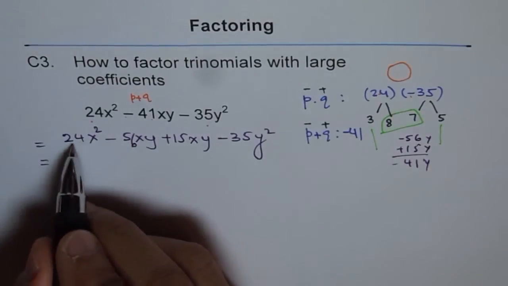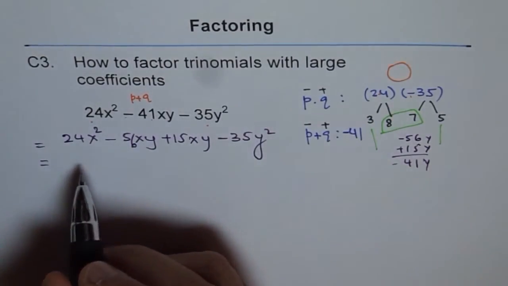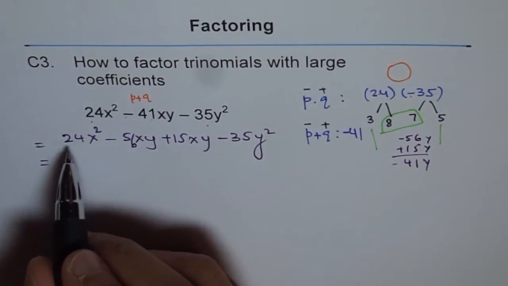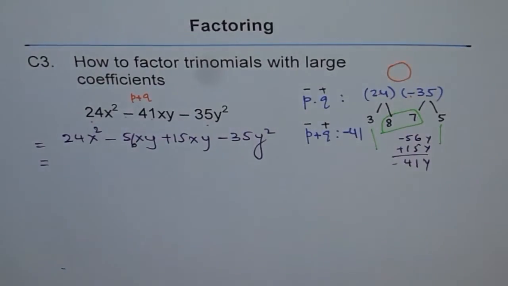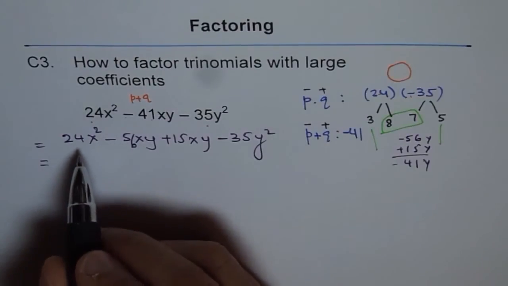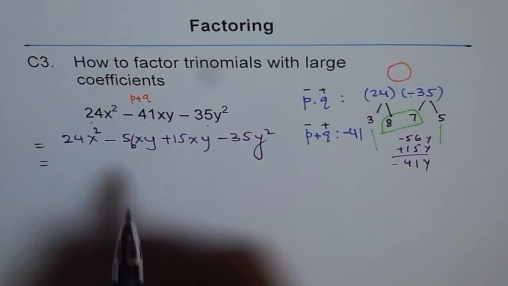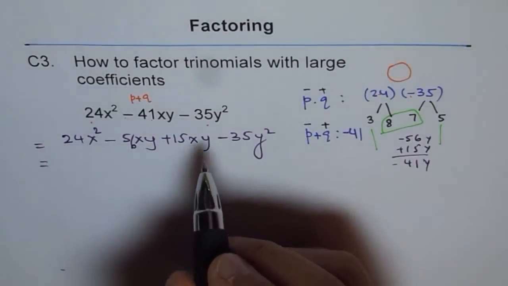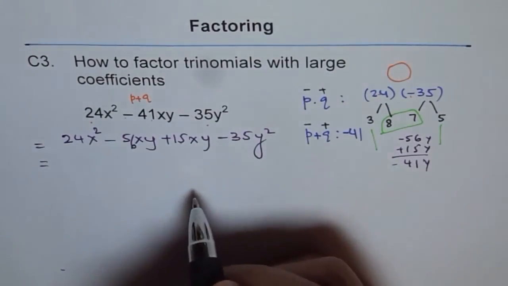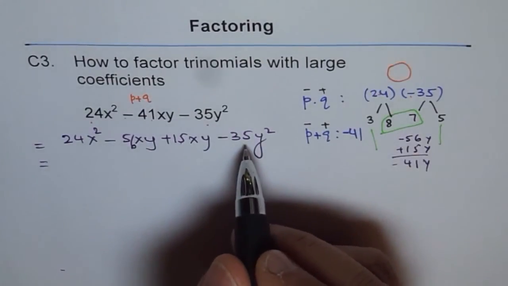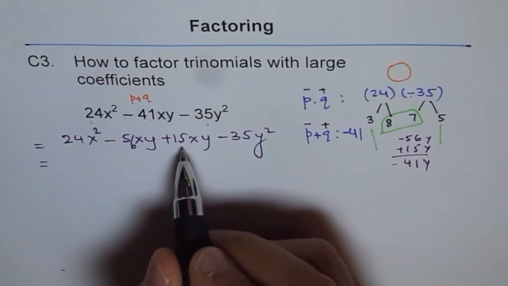Now let's combine the first two and the last two. What is common between 24 and 56? Okay, 24 and 56, that's again a big number. Let me see 15 and 35. 15 and 35 gives me 5 common, correct?